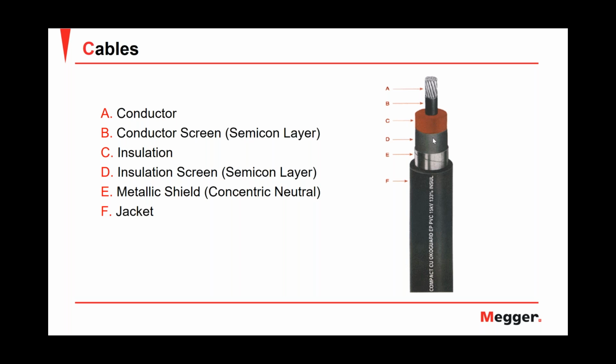Then we have another semicon layer that is the insulation screen. Then we have the metallic shield, which in this picture is a concentric tape shield. And finally, we have the jacket. Of course, we can have differences in our medium voltage cables. As I said in the previous slide, there are unjacketed cables that have no jacket. But more or less, I would say this is the classic construction of a medium voltage cable.